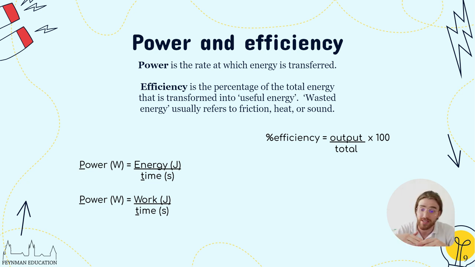Wasted energy would be your friction, your heat, your sound, something like that. Power is energy divided by time, so it's the rate of change of energy. Power can also be work divided by time, and your percentage efficiency would be your useful output divided by the total input, multiplied by 100 because it's a percentage.